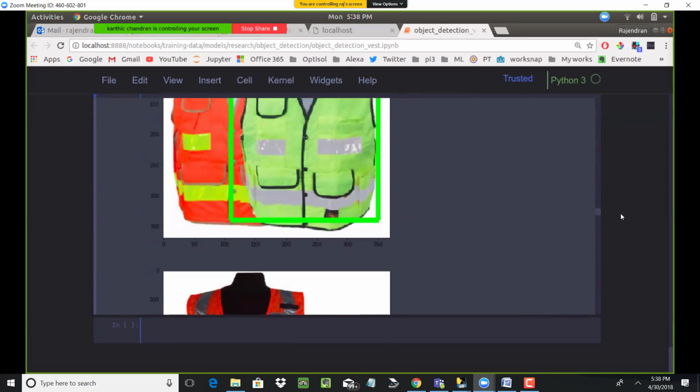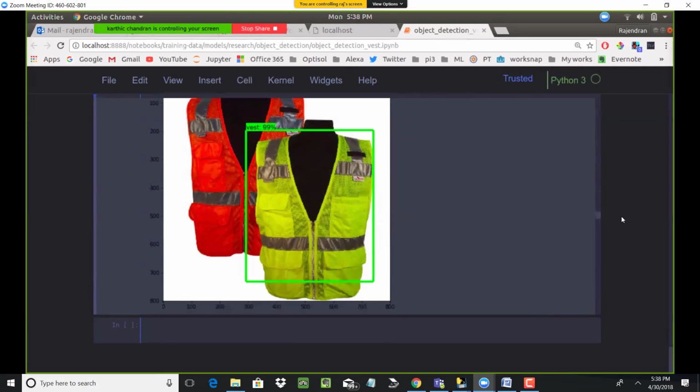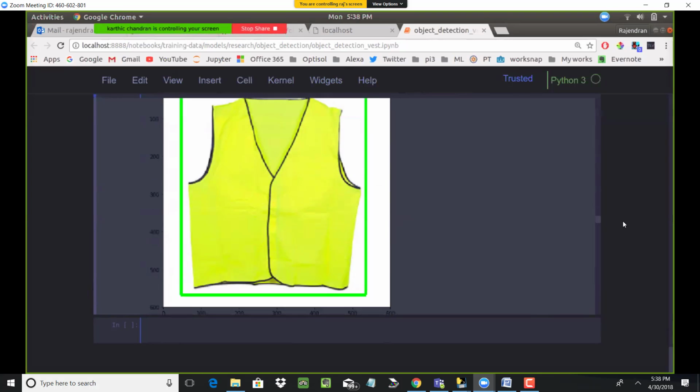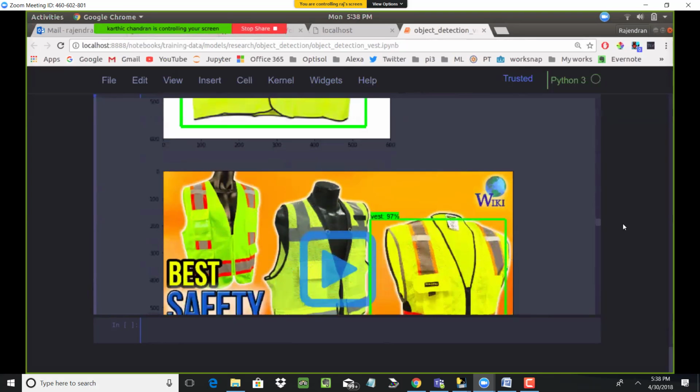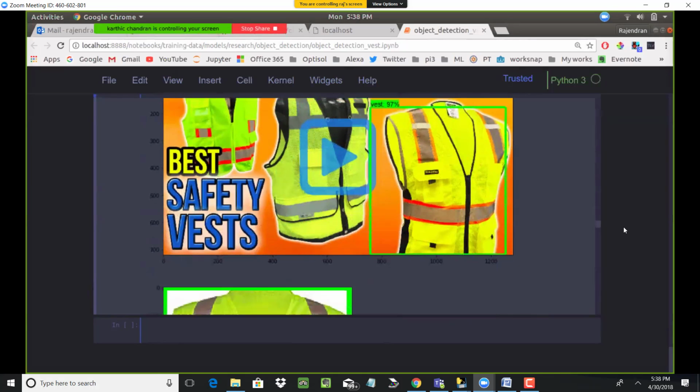Oh, with many people, it puts it around the entire picture. See that one, I wonder if that's related to the validation accuracy issue that we are seeing, right? This may have overfitted to this training data.